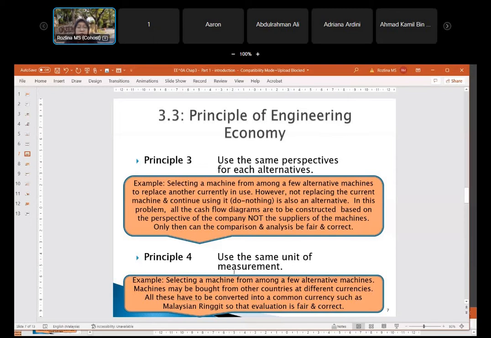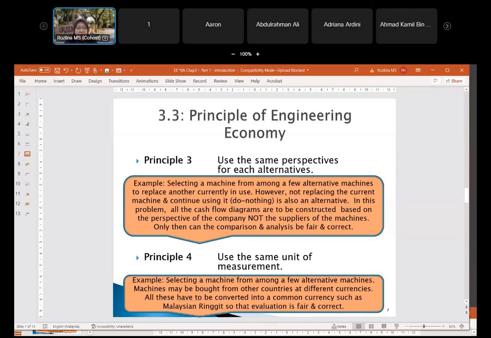Okay, then principle 4. Use the same unit of measurement. For example, selecting a machine from among a few alternative machines. Machines may be bought from other countries at different currencies. All these have to be converted into a common currency such as Malaysian ringgit so that evaluation is fair and correct.